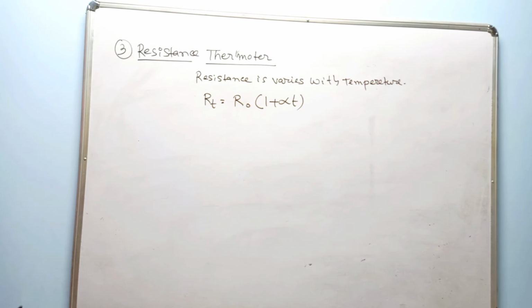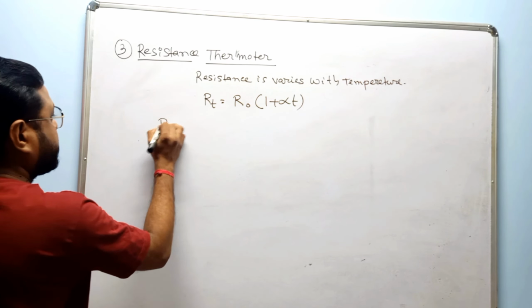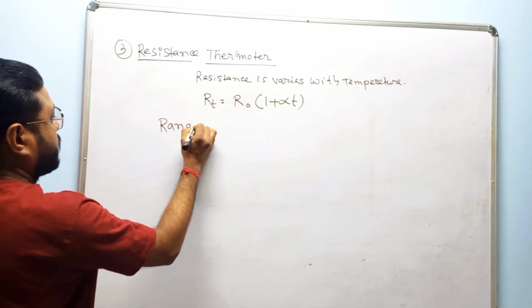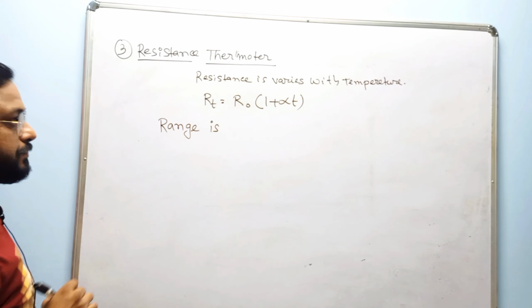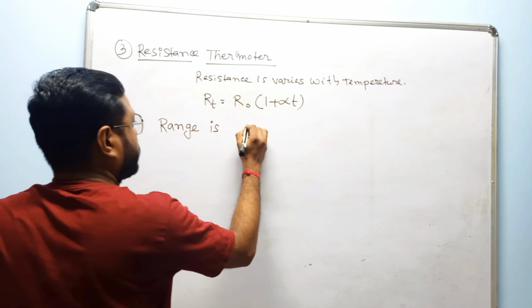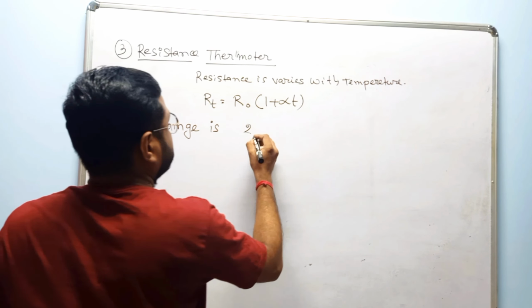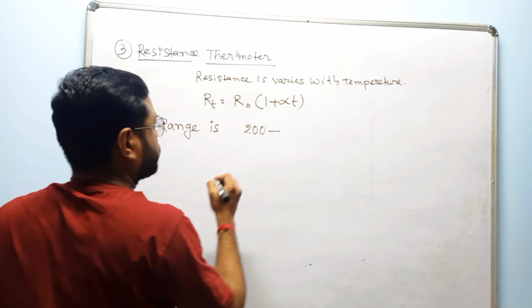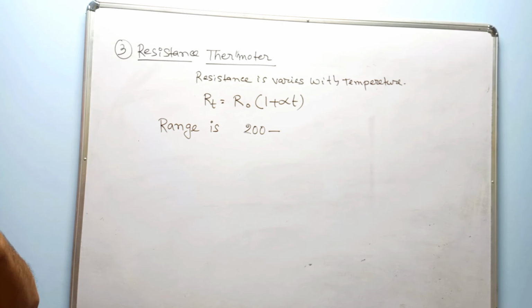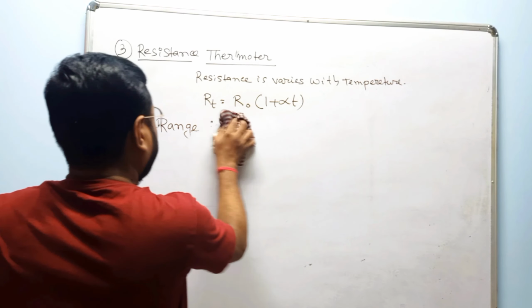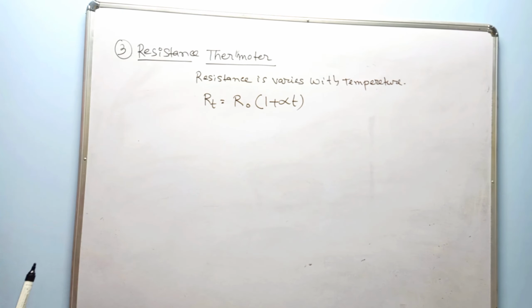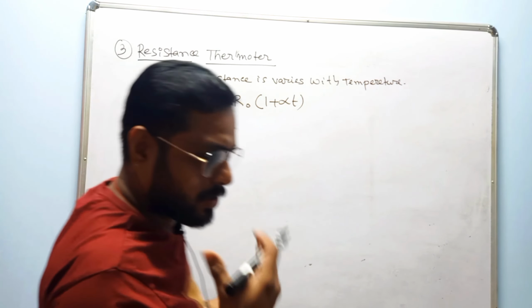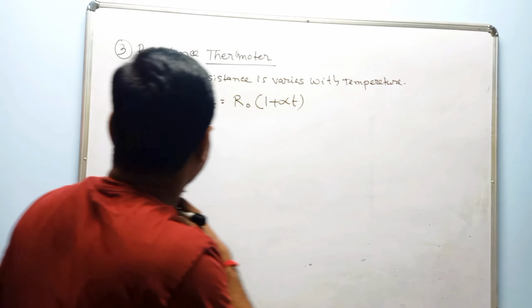For the platinum resistance thermometer, the range is from 200 to, its range varies with temperature. However, I cannot memorize the range at this time.